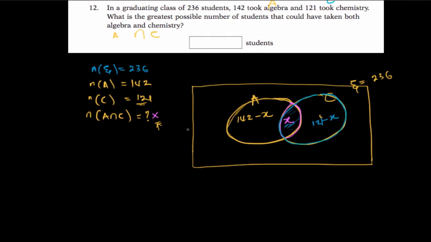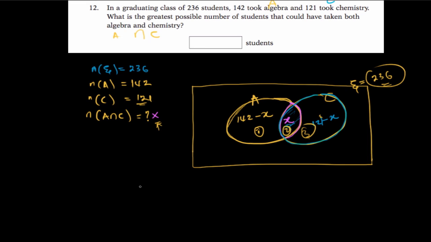The best way to reason this out is that the area of the whole figure is 236, so when you add part 1, part 2, and part 3, the area of the trio should give you 236. So that's exactly what I'm going to do.